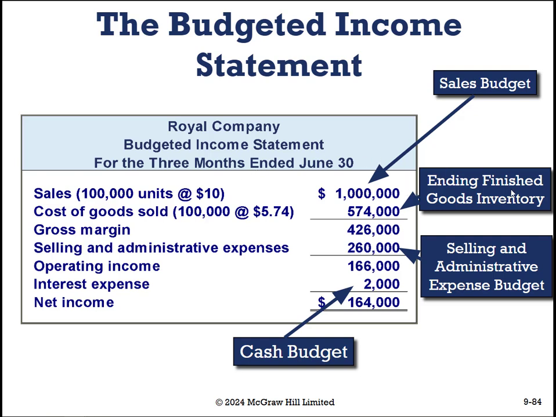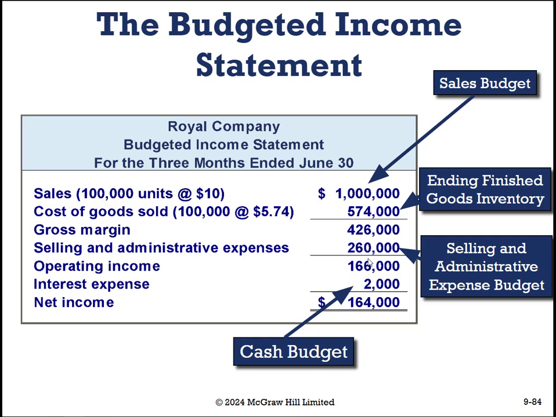This is where we'll get our ending finished goods inventory to back us into our cost of goods sold for the 3 months. So how much did we actually sell?